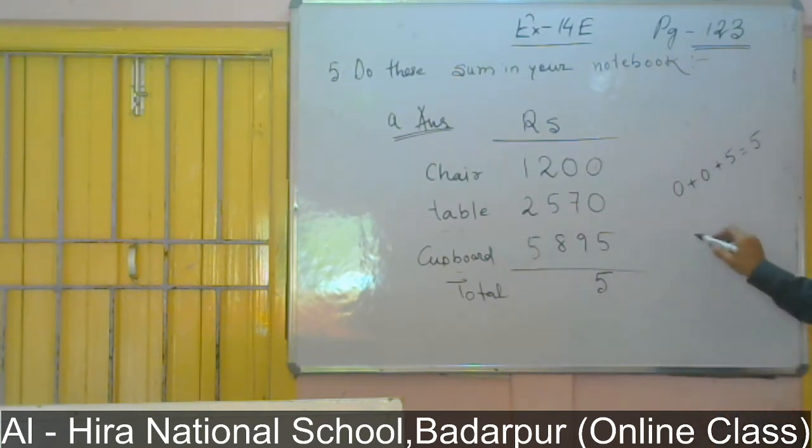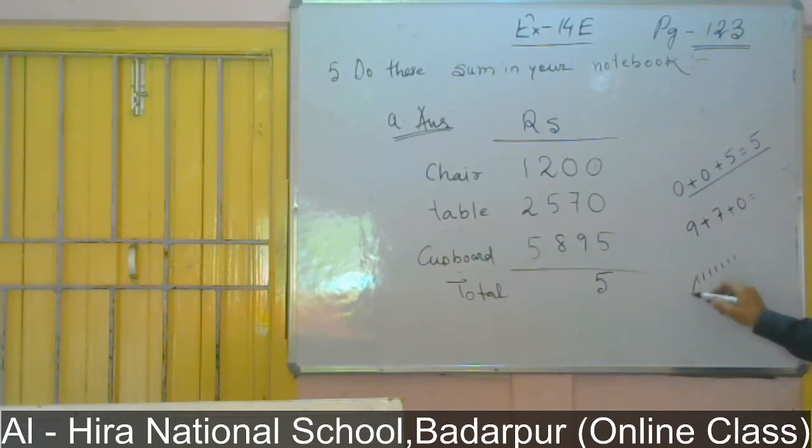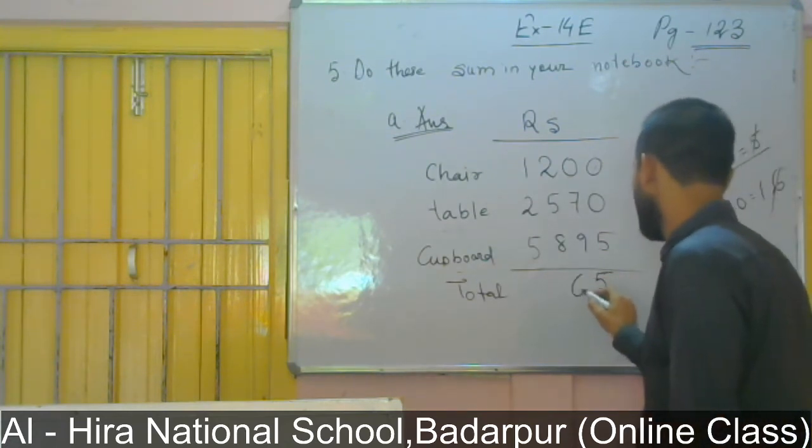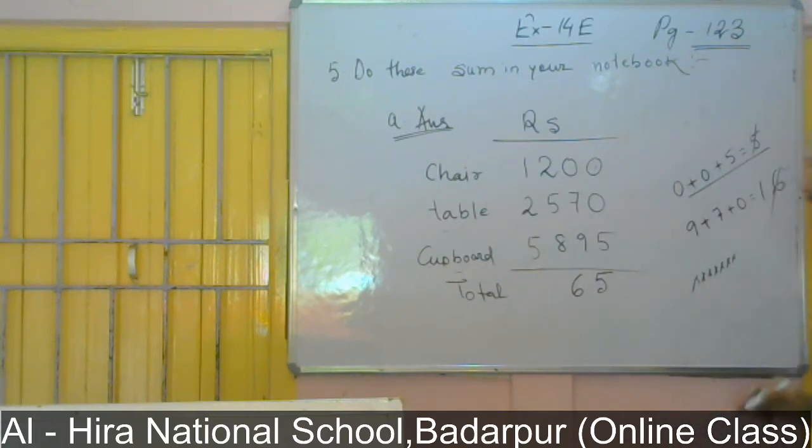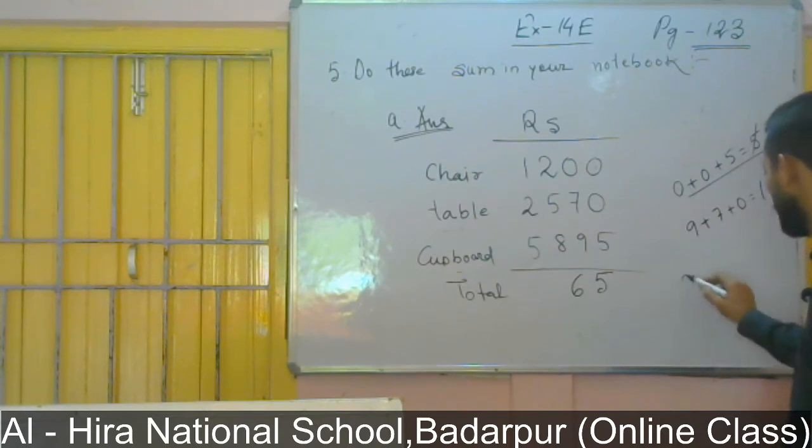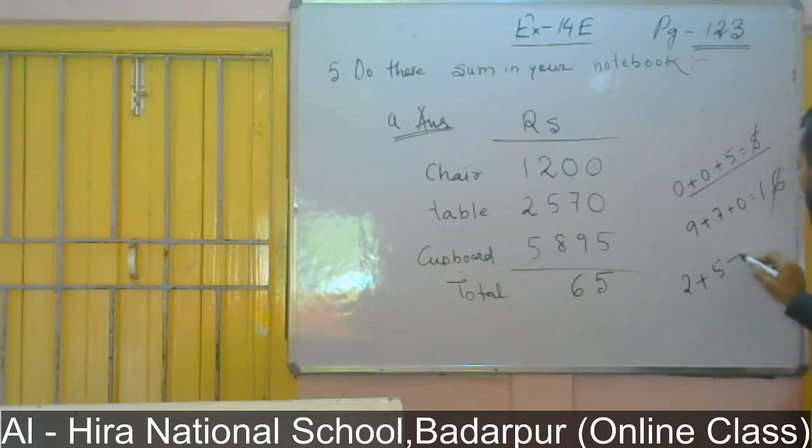Next line, we are going to add 9 plus 7 plus 0. We know 9 is the greater number. So 9 plus 7: 9, 10, 11, 12, 13, 14, 15, 16. 16 plus 0 equals 16. So 5 I have already written. From 16 we are going to write 6. 1 will be in my hand. Okay. So the next line we are going to add 2 plus 5 plus 8.